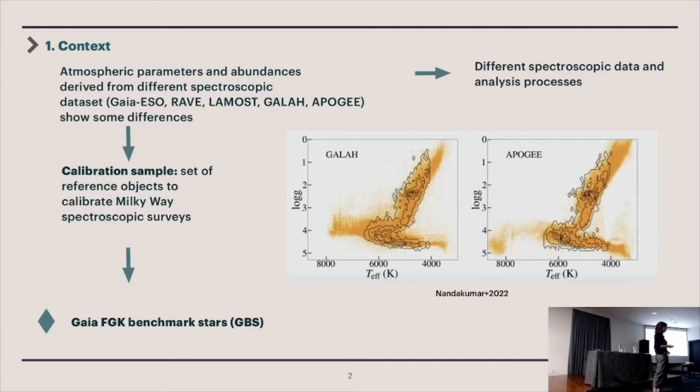Therefore, it's crucial to have a validation sample that we can use to calibrate all the new spectroscopic surveys that are coming. And for this reason, this validation sample, called the Gaia FGK benchmark stars, was created in 2014.